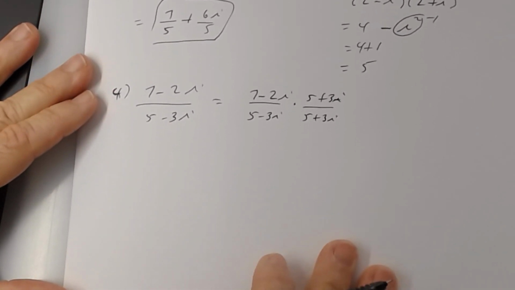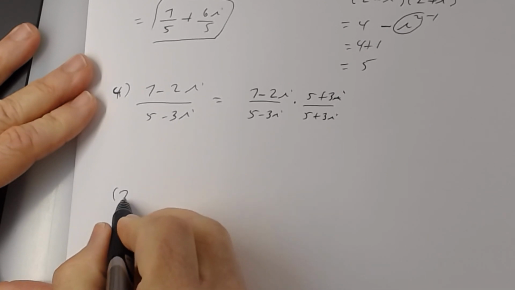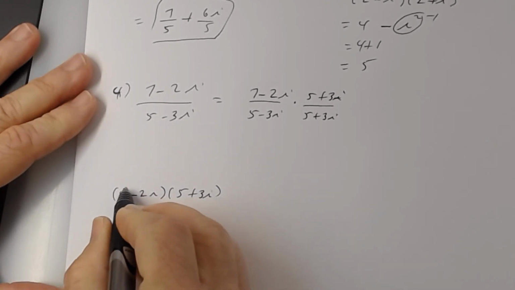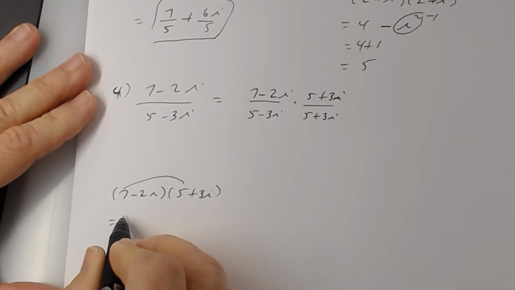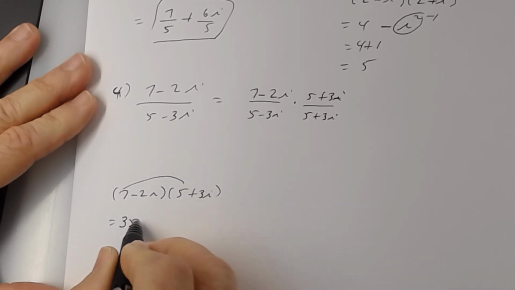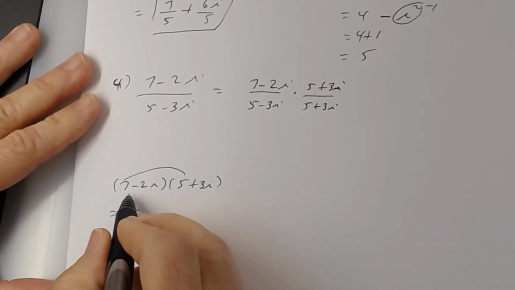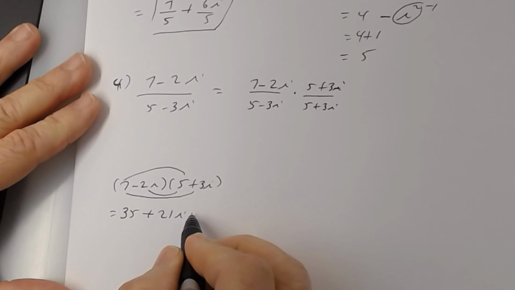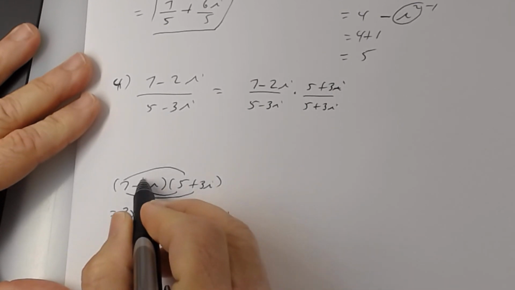All right, so in the numerator, I have 7 minus 2i times 5 plus 3i. What's the first? 35, is that right? What's the outer? 21i. What's the inner? And what's the last?